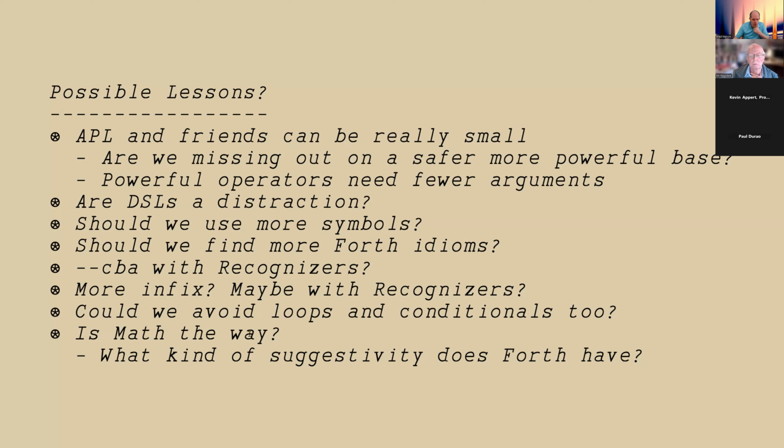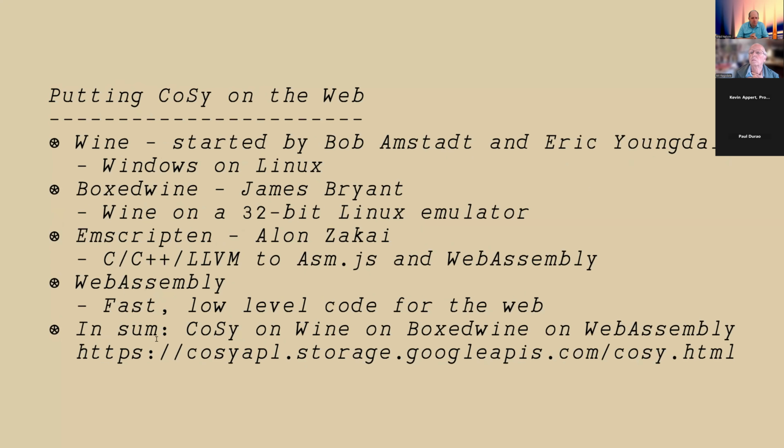Is math kind of the way to have higher level things? And then what suggestivity does Forth have? If we look at a Forth program, does it actually let you recognize how to make it better, how to make it interesting? So one last little digression, and I apologize if I've gone a little long here.